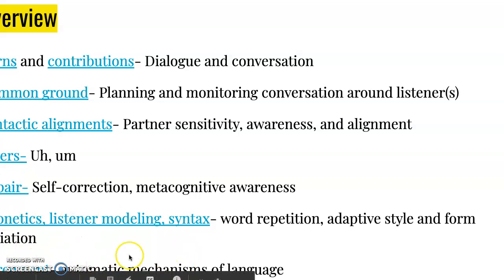Then we'll be looking at what's called phonetics, listener modeling, and syntax. This has to do with word repetition, adaptive style, and form variation. So people who are very effective at public speaking tend to change the style and the approach that they use to address the person in conversation.